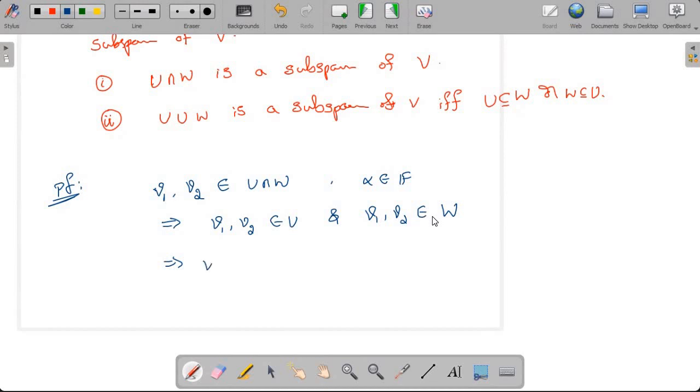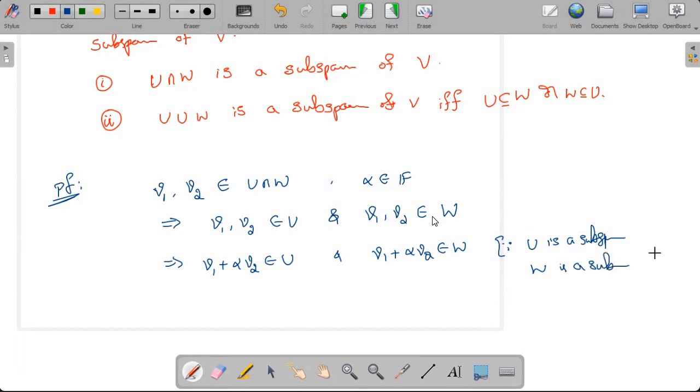So therefore, V1 plus alpha into V2, this is an element of U. Why? Because U is a subspace. And similarly, V1 plus alpha V2, this is an element of W, since U is a subspace and W is a subspace. All right.